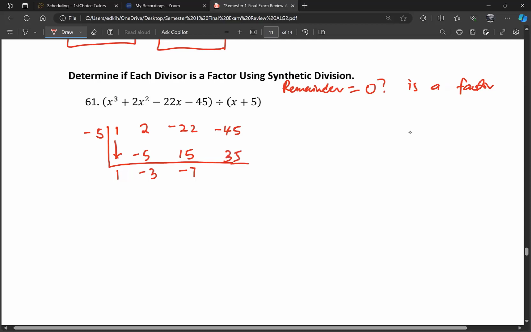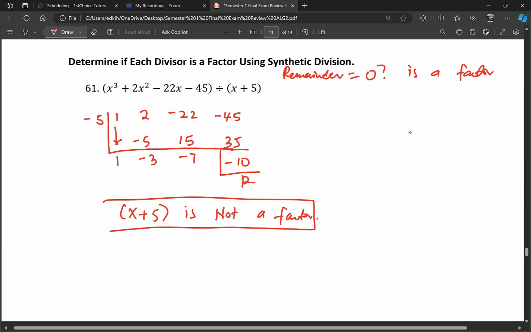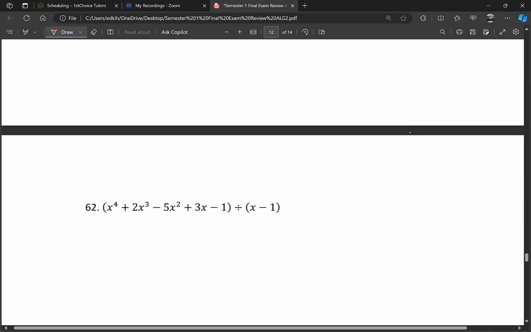When you add these, you get a -10. Oh, so sadly, we did not get a remainder of 0. That's neither good nor bad. It just means that x plus 5 is not a factor. That's your answer. Or you can just say no. Had we gotten the remainder of 0, then the answer would have been yes, but we didn't. We got a -10. So there you have it.